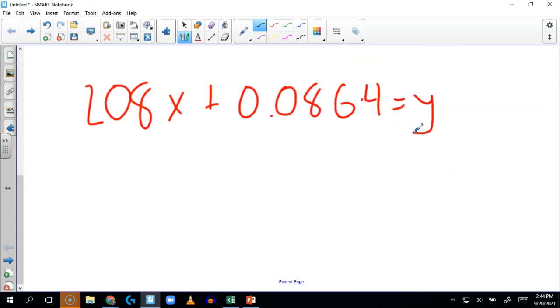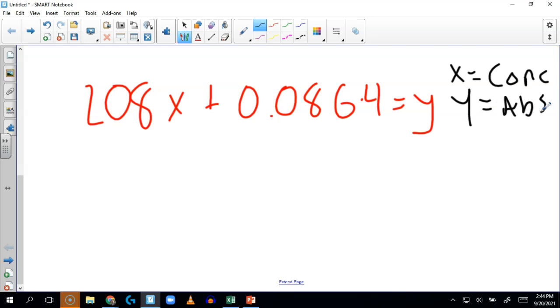This is the equation of the line. Now keep in mind that for us, the x-axis was concentration, and the y was absorbance.